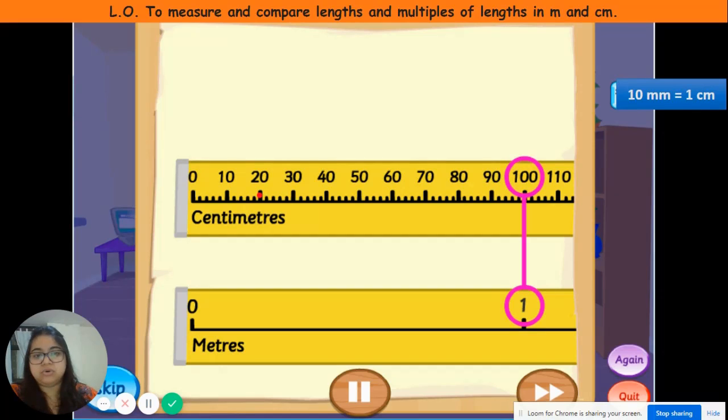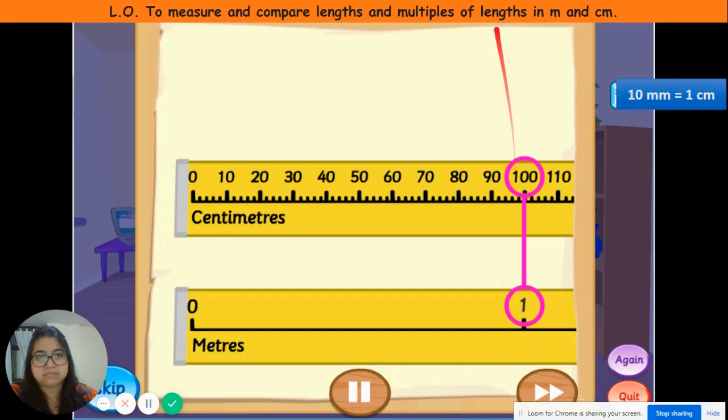So when you count in multiples of 10, 0 to 10, we have 10, then we have 20, 30, 40, 50, 60, 70, 80, 90, and 100.